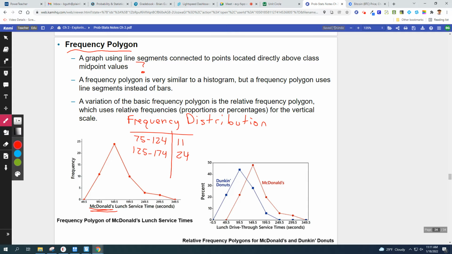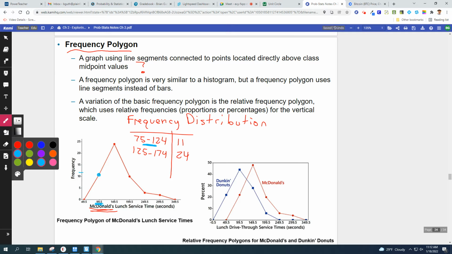And so basically what we're doing to find this number, 99.5, we're finding the midpoint of 75 and 124. How else would we be able to graph 75 through 124 with a frequency of 11? So what they've done is they've said, well, here's 11, and we'll just graph it at the midpoint of that class.